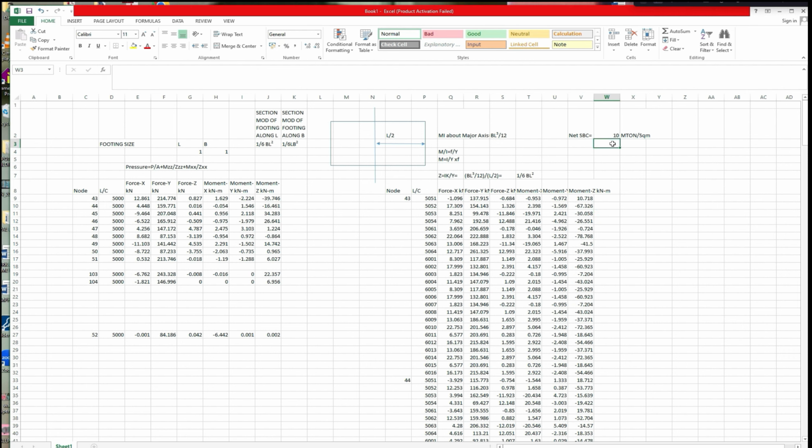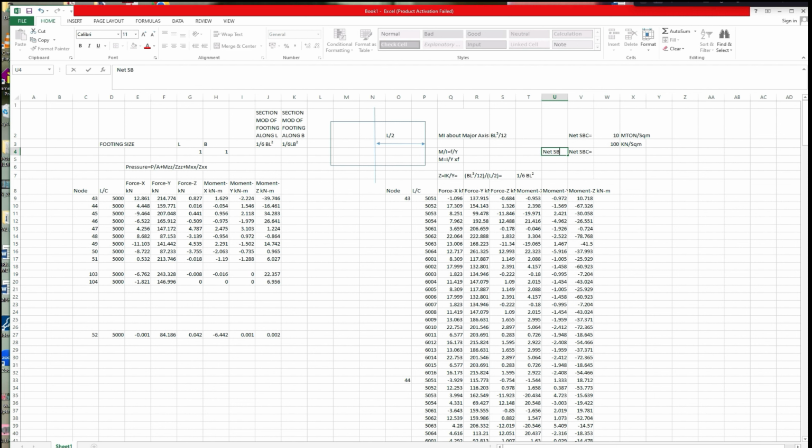So this 10 ton per square meter is equal to 100 kilonewton per square meter. Now, since for this building we will have a grade slab at the plinth level, we can consider all the pedestals tied in each direction. So we can increase the net SBC for lateral load.